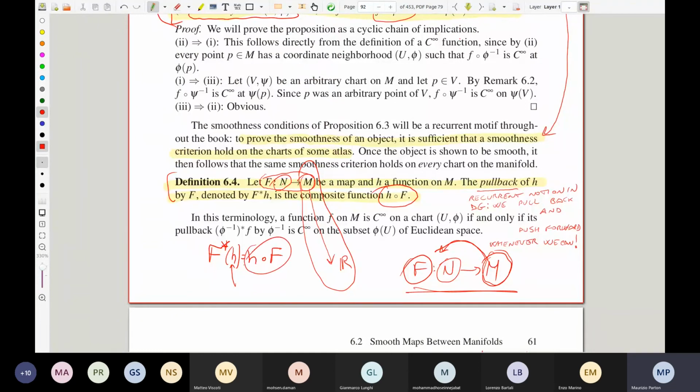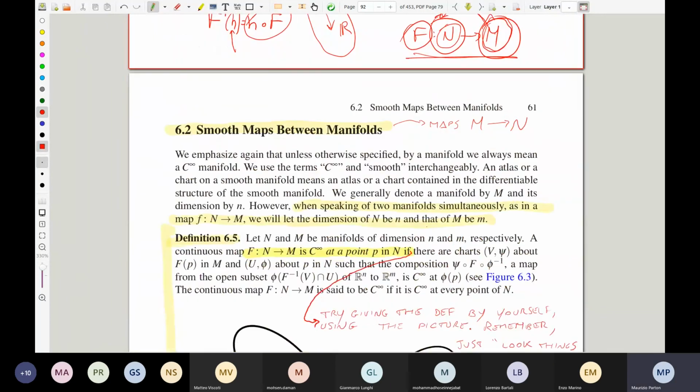But we will have differential forms. We will pull back a differential form. We have a differential form here, and we will obtain a differential form here. Whenever you can, you try pulling back objects. And of course, whenever you can, you try pushing forward objects. This is less common. You can push forward tangent vectors, for instance. We will see.